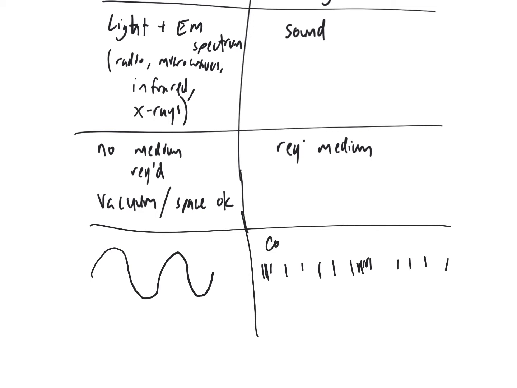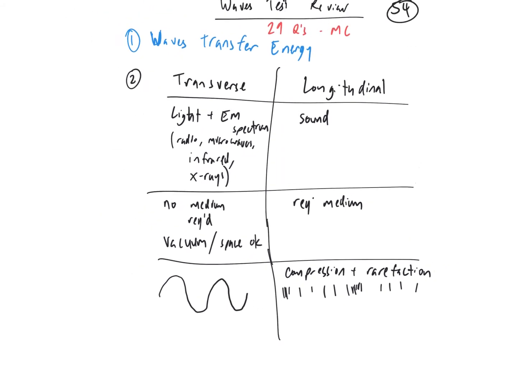So this one is compression and rarefaction. And if you don't have any stuff, there's nothing to compress or rarefy. You have to have stuff in order to compress and rarefy that material. Stuff being air or water or a solid, but something has to be there to be compressed and rarefied.